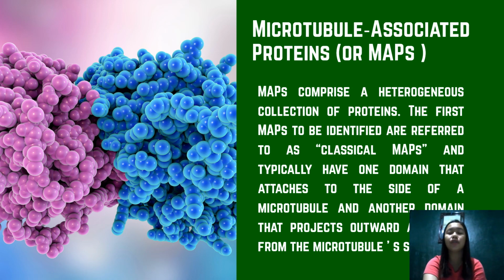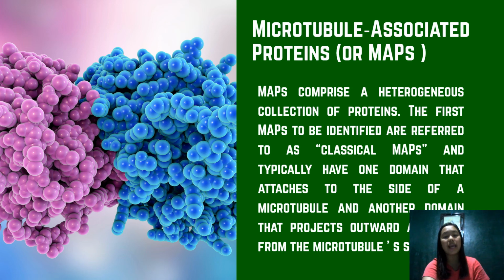This dual domain structure allows classical MAPs to interact with microtubules, influencing their stability, dynamics, and cellular functions. The classification of classical MAPs highlights their distinctive role in modulating microtubule behavior within the cellular environment.